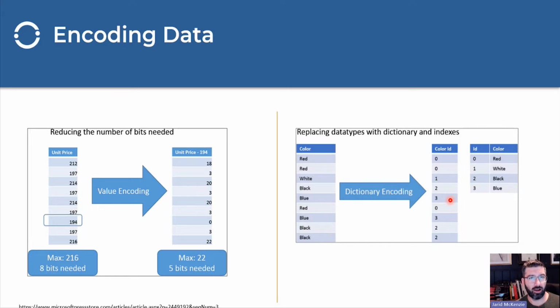Whatever that filter ends up being, it allows me to do this very quickly, and then that gets passed down the line as well. So those are the 2 main things that happen with encoding of the data.